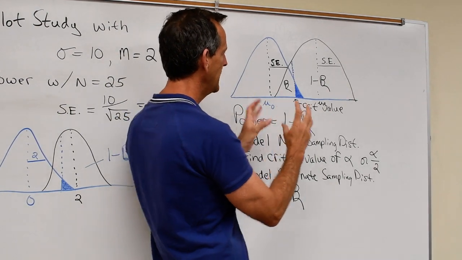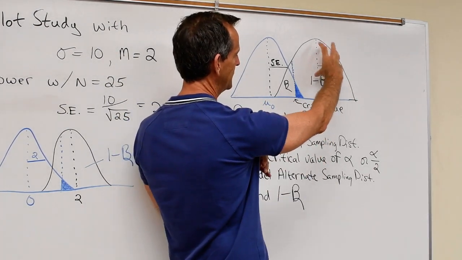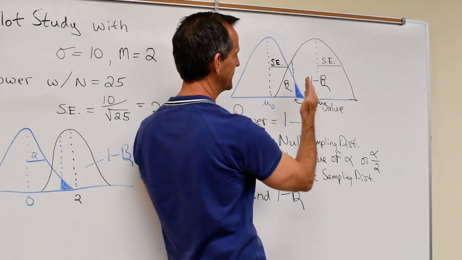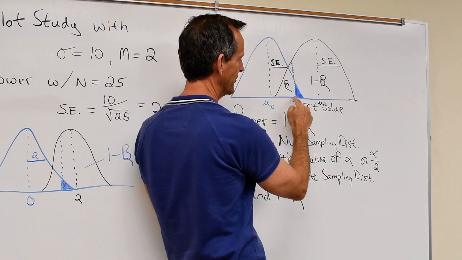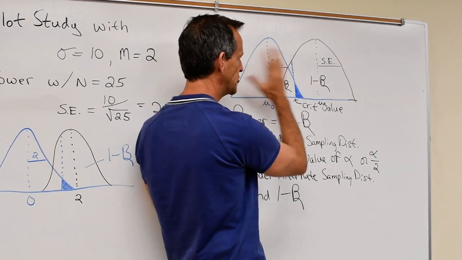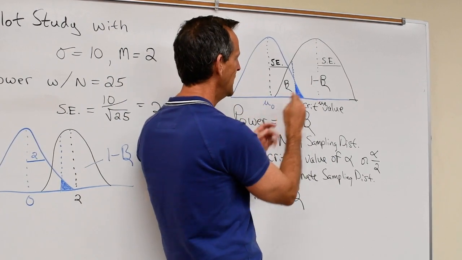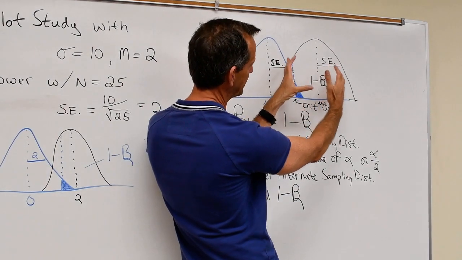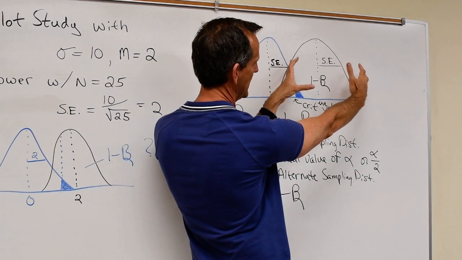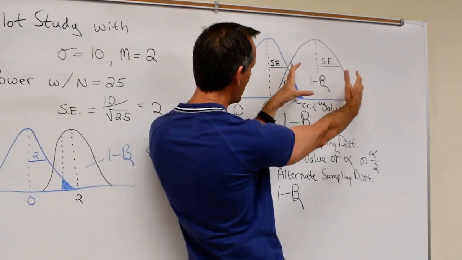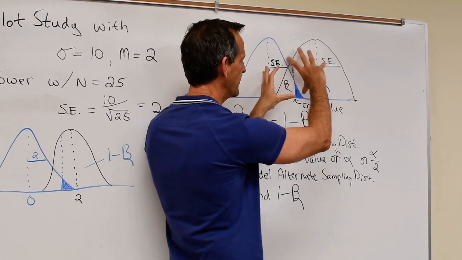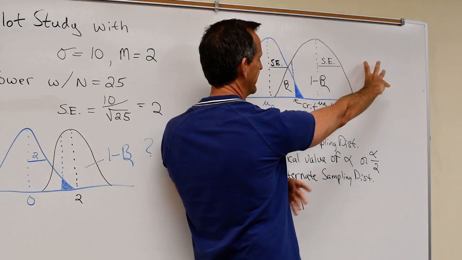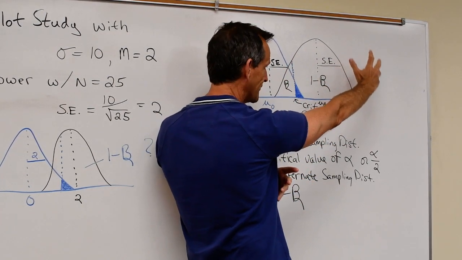Remember, if we get values in our alternate hypothesis to the right of a certain value, we are going to reject the null hypothesis. So you can imagine if this area is really big, we're going to be more likely to reject the null hypothesis. If you move this far away over here, then we have lots of power.